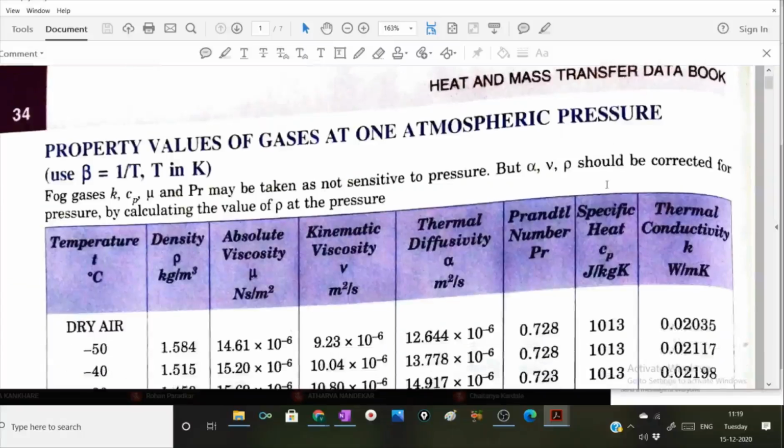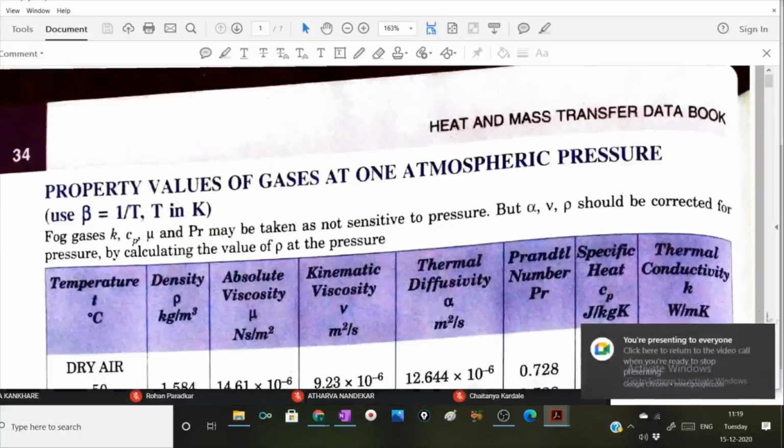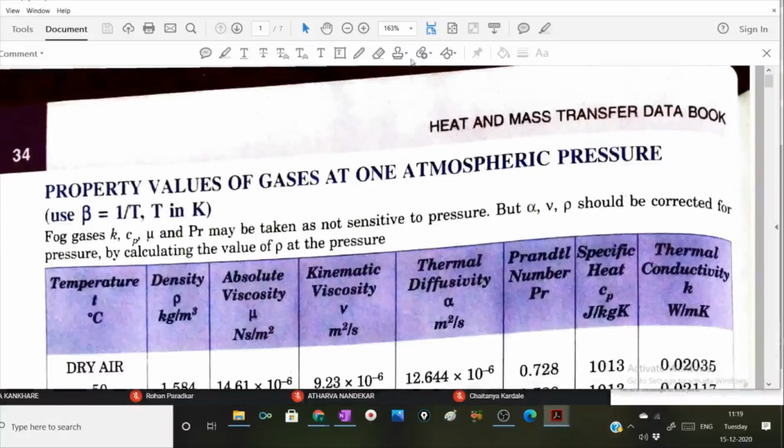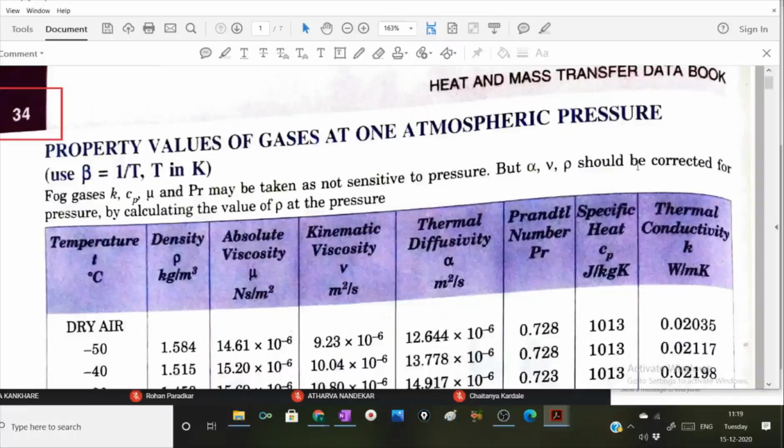Okay. So now I am sharing. So as you can see here, page number 34. Properties values of gases at 1 atmospheric pressure. Here one more thing I would like to remind you people. These thermophysical properties are to be calculated or found out only at 1 atmospheric pressure. In our case, the heater plate is exposed to the stagnant surrounding air, obviously atmosphere.